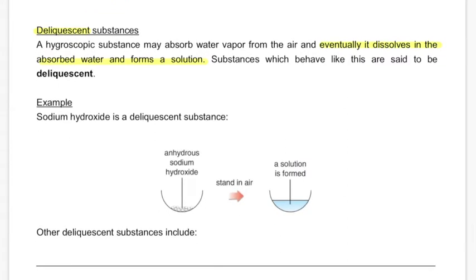Other examples we can list are calcium chloride, which is a solid, and we also have potassium hydroxide. So they can all absorb water vapor in the air and form a solution.